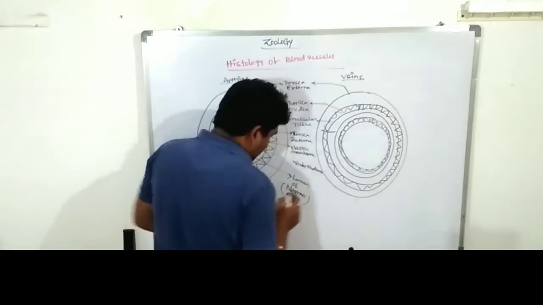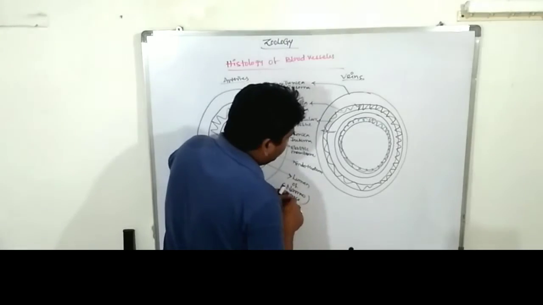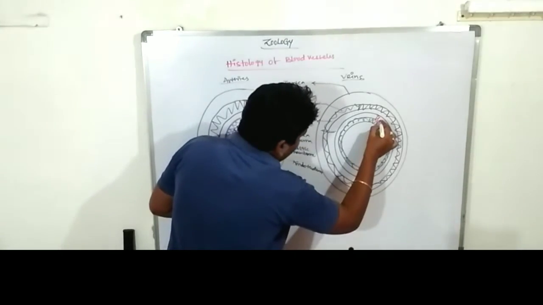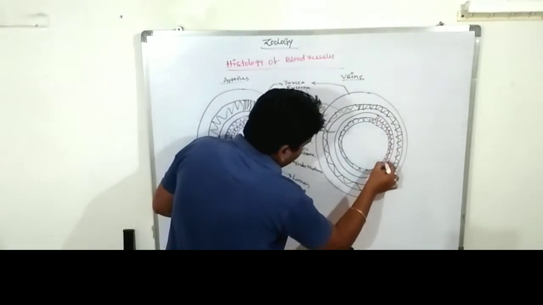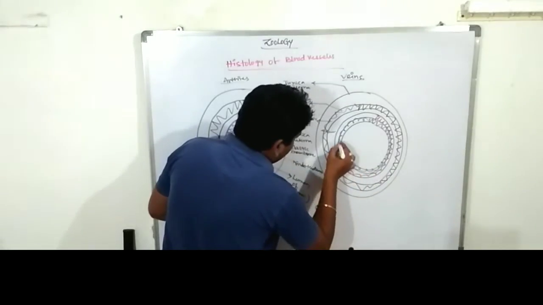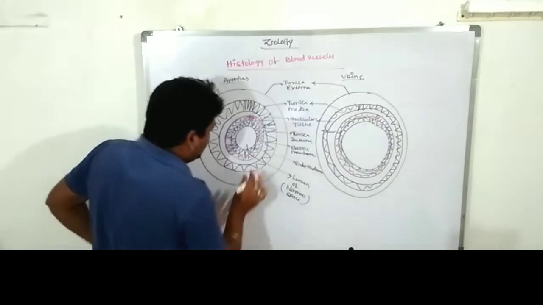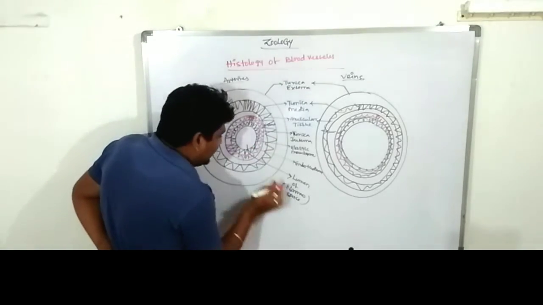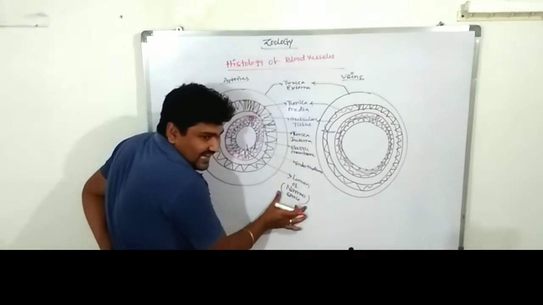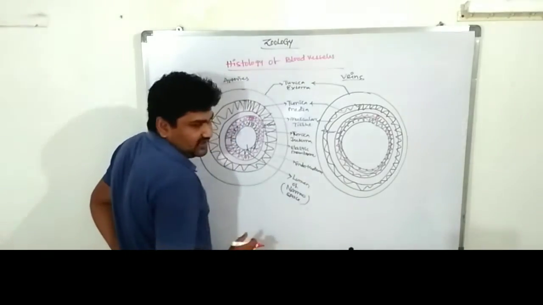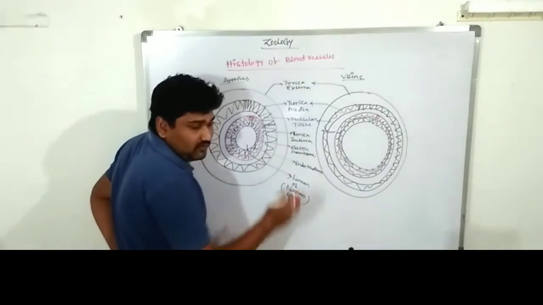Sorry, this one is endothelium. Now compare the arteries and veins. The arteries have a very narrow space compared with the veins. The veins have a very wide space.